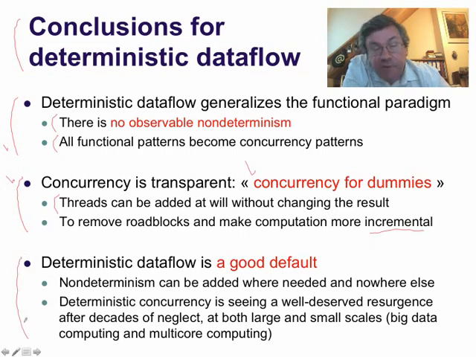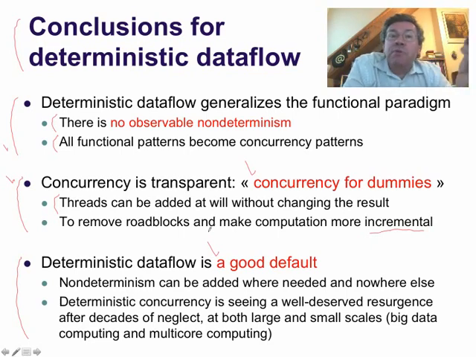The third point is the context of deterministic data flow in the larger context of concurrent programming, where non-determinism is an important real-world property, and your program must handle non-determinism at certain points. The point there is that non-determinism should not be the default.